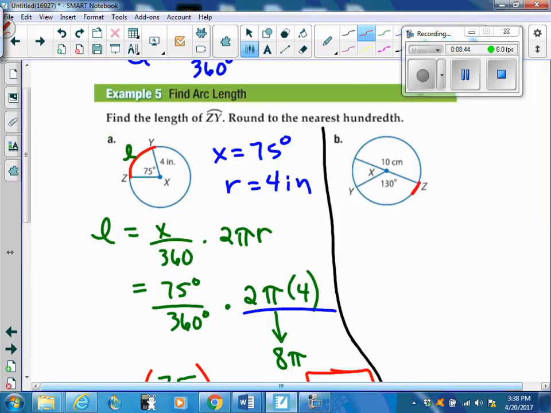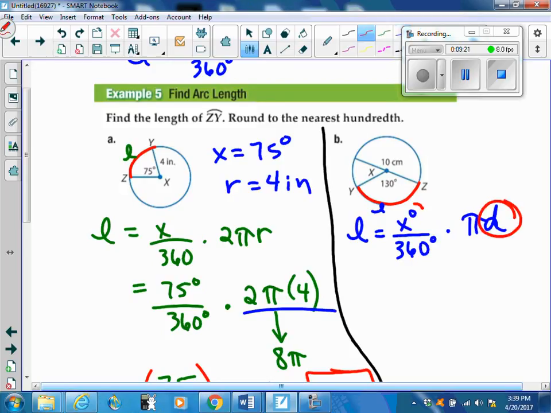So we want to find ZY. Same formula. The arc length, so that's my L here, is equal to my fraction. So x degrees, that's really the measure of my arc, over 360 times the circumference, which we can say is 2 pi r, or we can say pi times diameter. And I'm going to use pi times diameter here just because I have the diameter already. So what do I need to solve this?